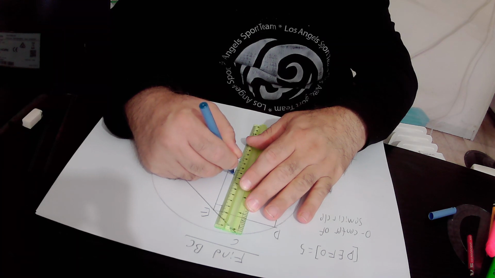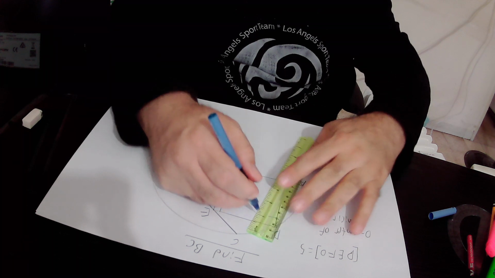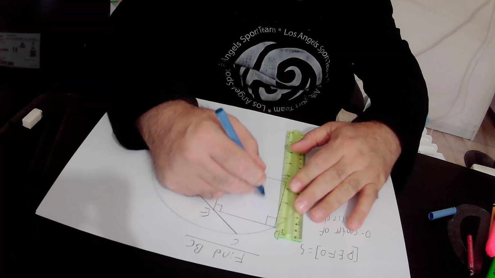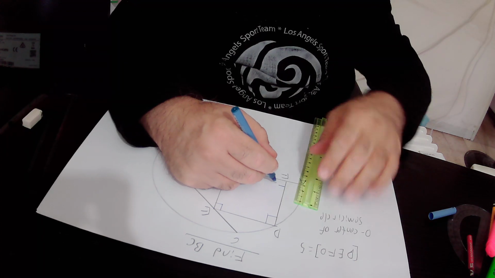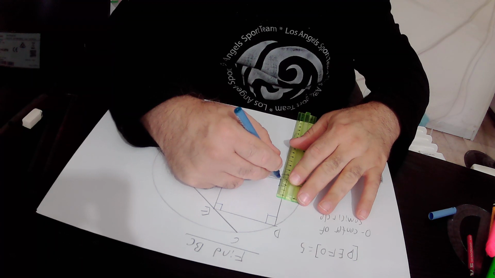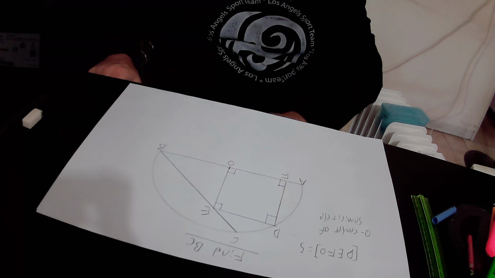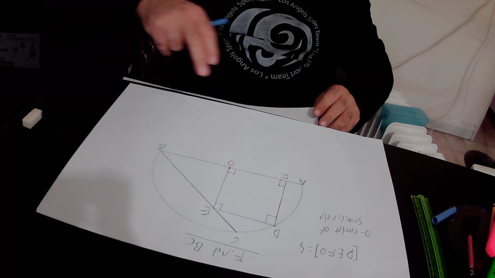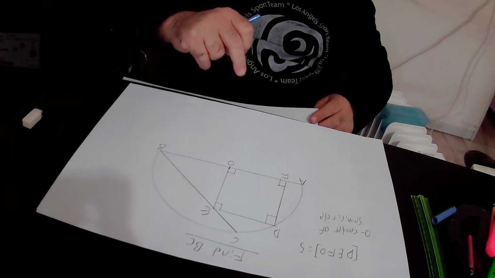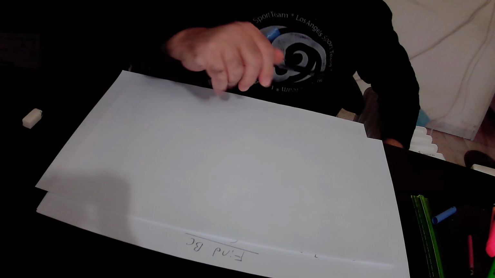This angle also equals 90 degrees. This angle equals 90 degrees, and finally this angle also equals 90 degrees. So we actually know that the area of this square DEFO equals 5 square units.